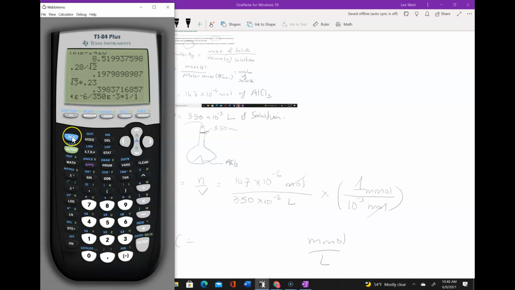Helps if you actually hit the button, doesn't it? To the minus 3. There we go. And there we go. It's 0.4.